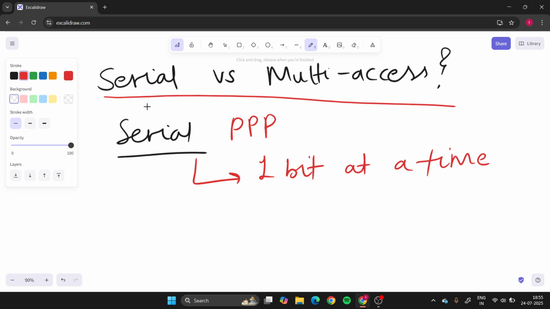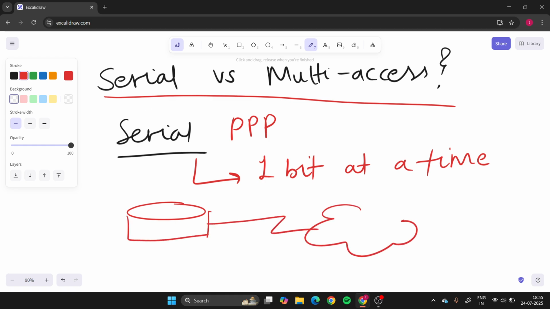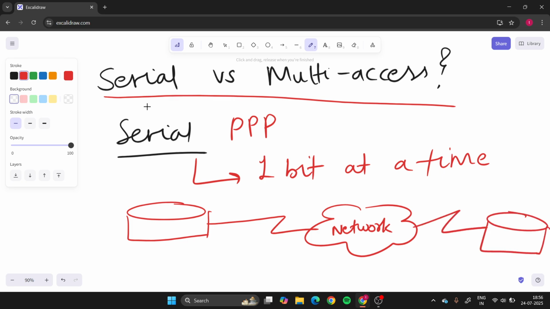So point to point, for example, I have a device. I will send it across the network, and I'll receive it. So this is basically an example of serial access, how you're accessing the data.